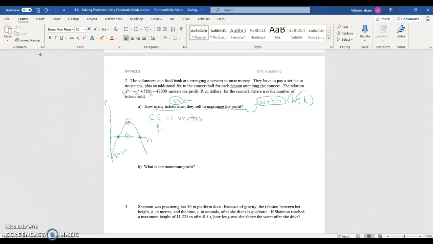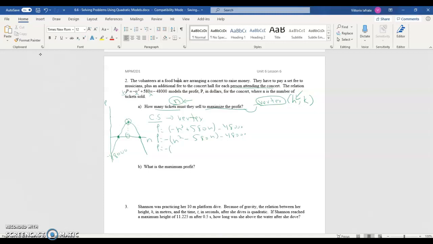So P is going to be equal to, let's put these in brackets, negative n squared plus 580n minus 48,000. Let's take out the negative from the n squared. So negative n squared, that becomes negative 580n minus 48,000. Let's find the term that we have to add to make this a perfect square.